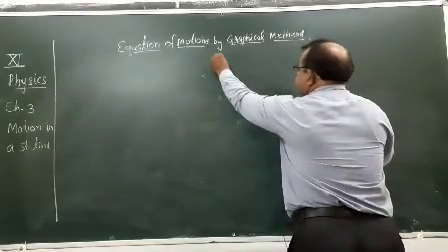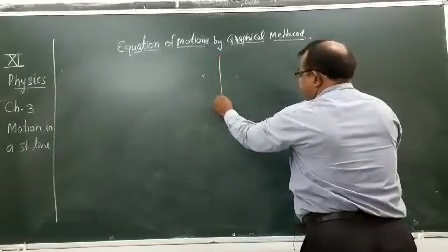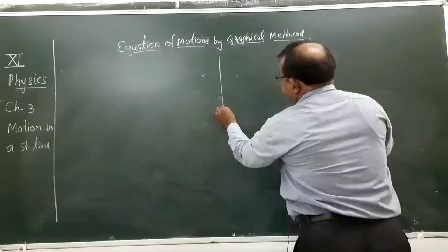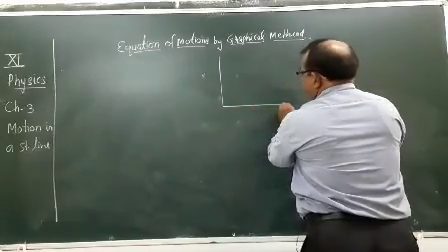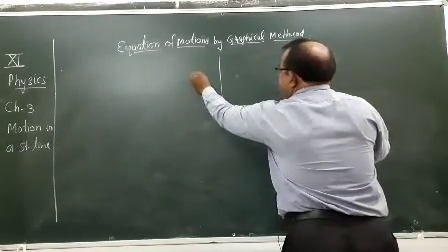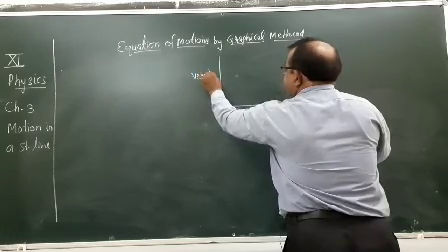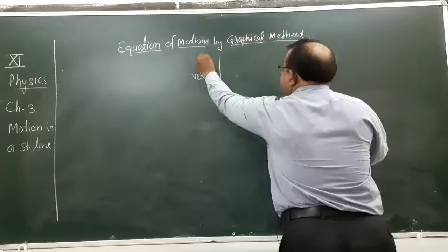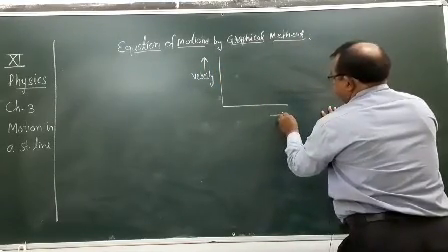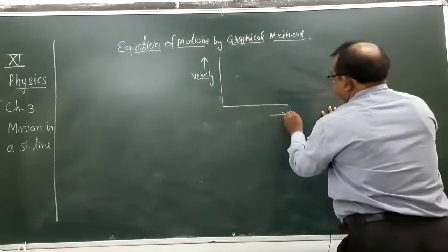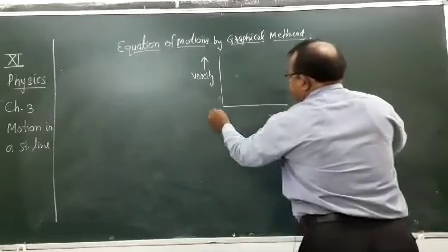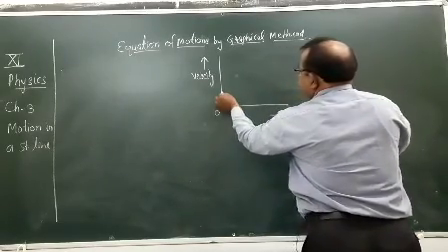Children, you have seen the graph between velocity and time, velocity and time. This is the graph.